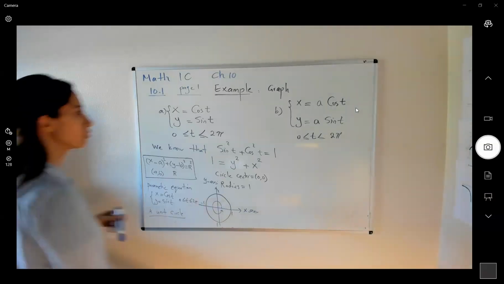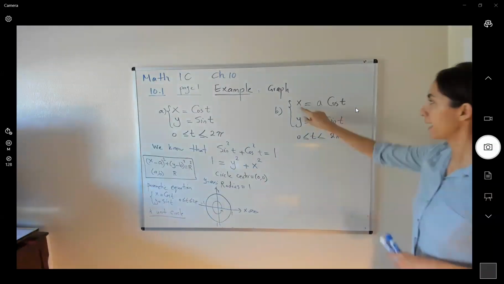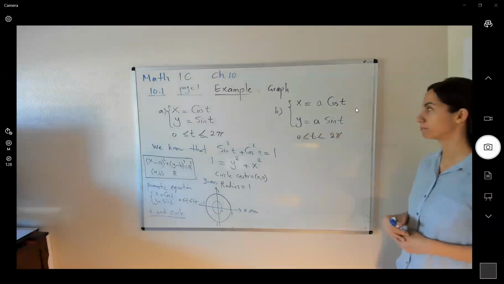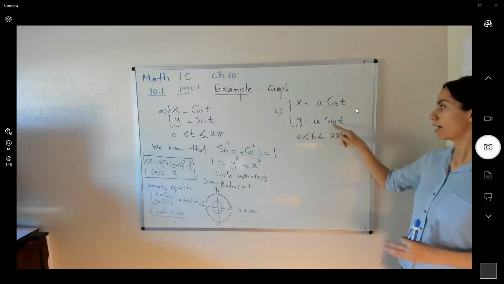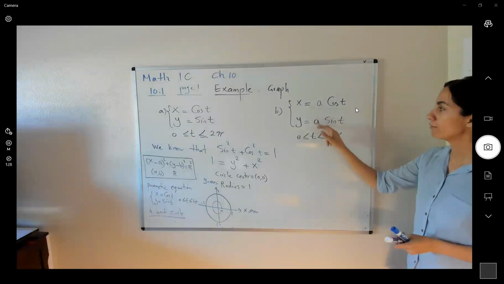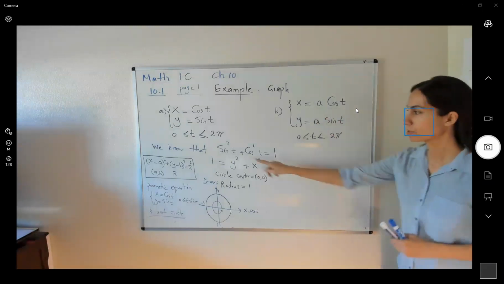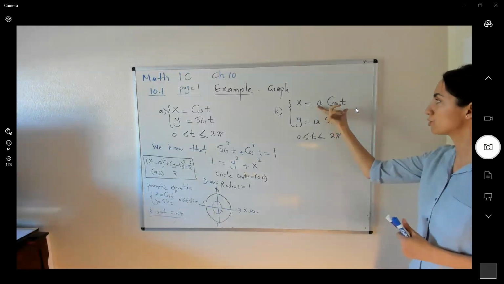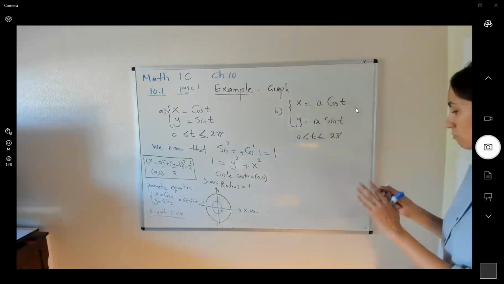Very well, let us move on to the second example. X is equal to a cosine t, y is equal to a sine t. Again I have cosine, I have sine, and the coefficients are the same. I'm going to get back to the formula that I have, and now I'm going to square both of these.